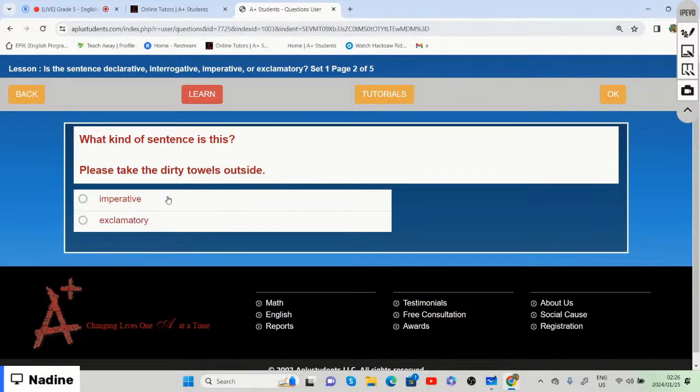We need to say what kind of sentence is this. Please take the dirty towels outside. Is it a declarative sentence, an interrogative, imperative, or an exclamatory sentence?